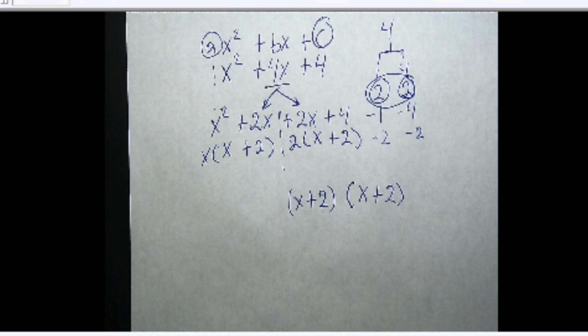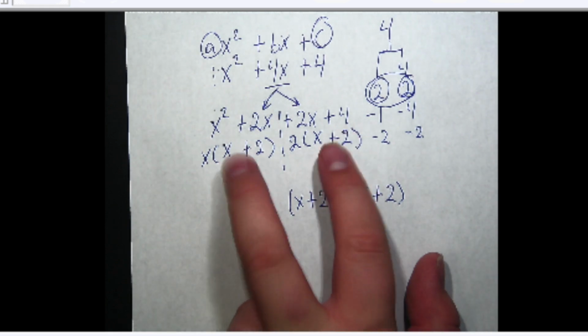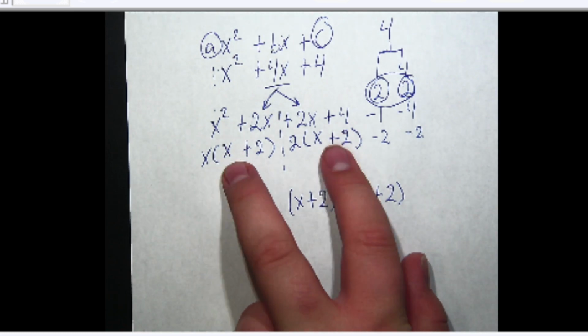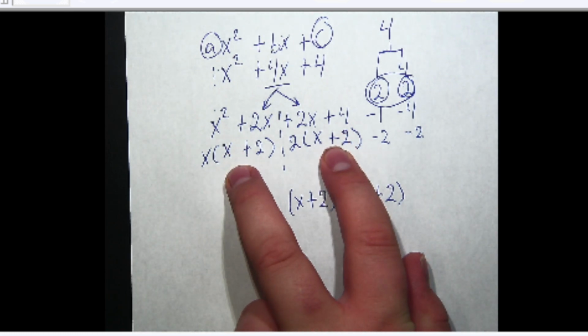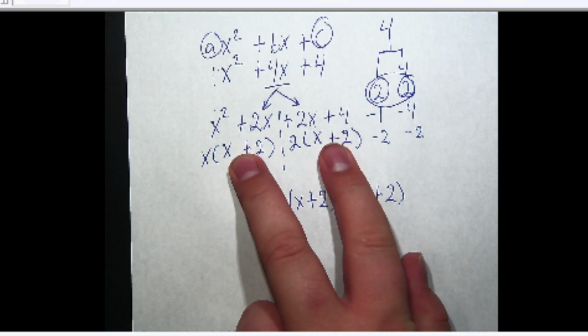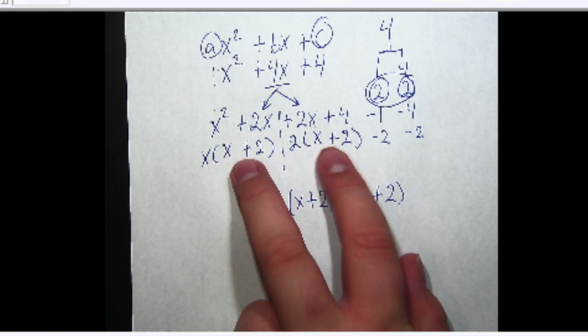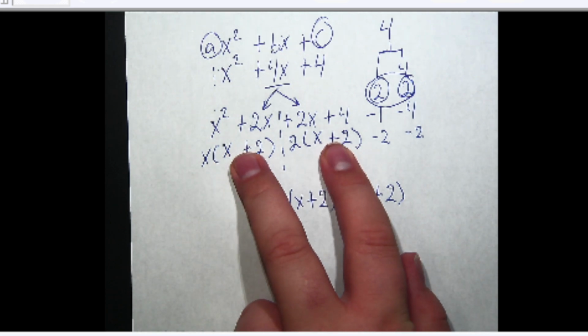So one reason you might want to use this is, again, because of this matching thing. As long as this matches, you know that you have factored correctly. If it doesn't match, then you know you need to go back and see what else you can take. One of the drawbacks to this method, though, is that sometimes that factoring can get confusing because you have to make these match.